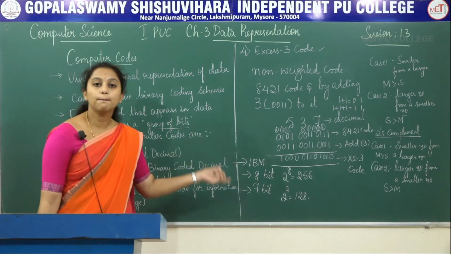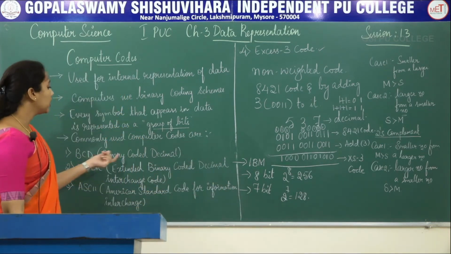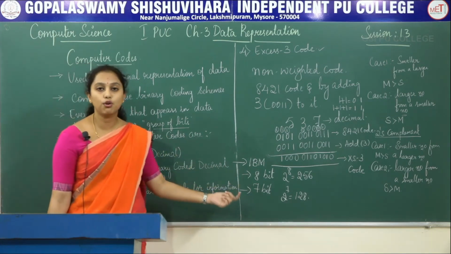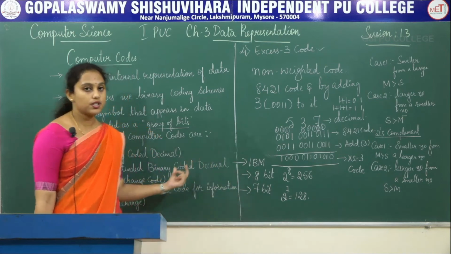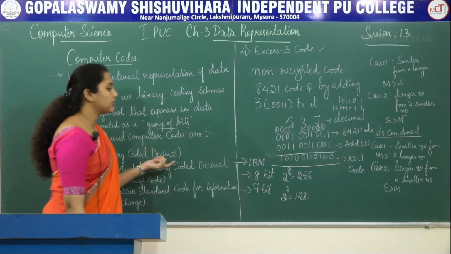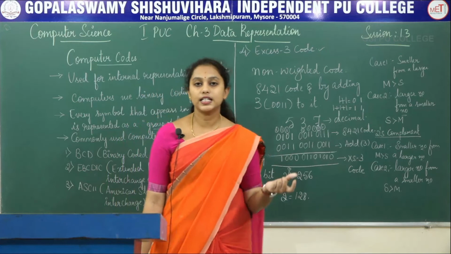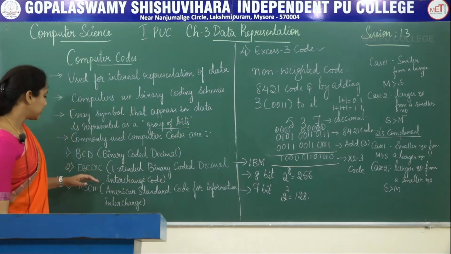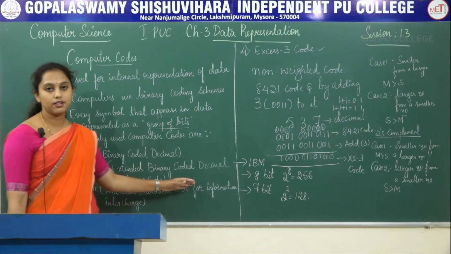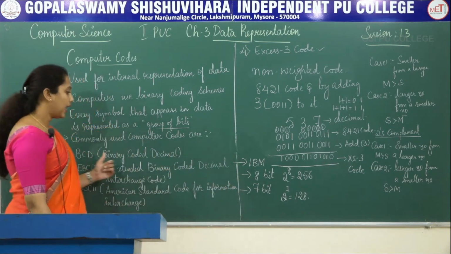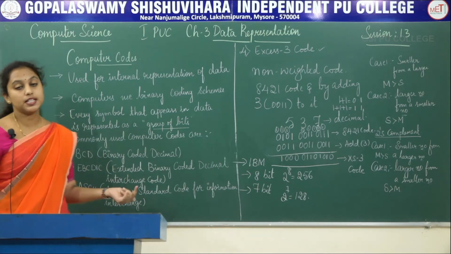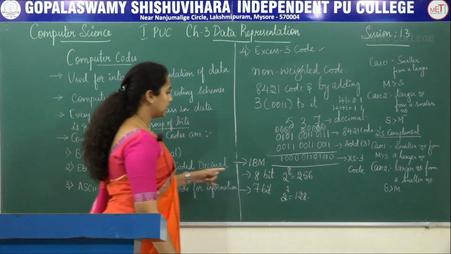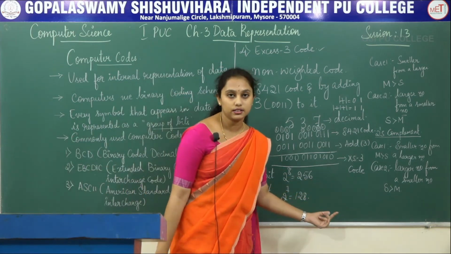BCD code is used in early computers and is obtained by using 8421 codes. Using BCD we can represent only 16 possible configurations. Next is EBCDIC. It was developed by IBM, and using EBCDIC we can represent 2 power 8, that is 256 characters.